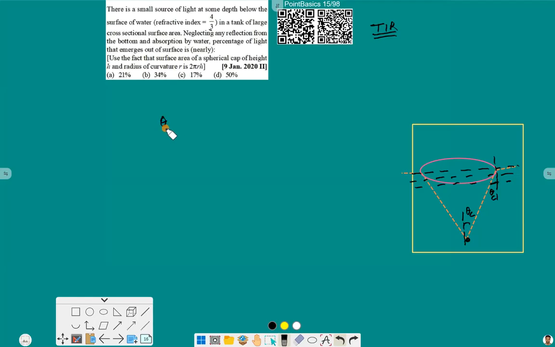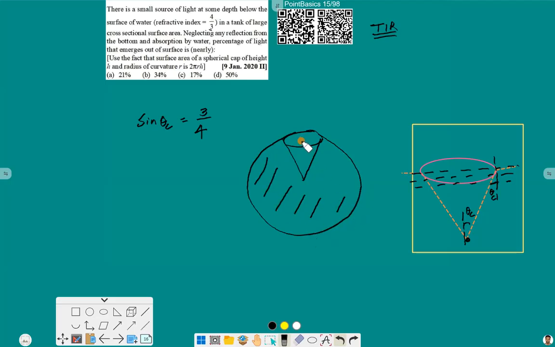So we know that sine of theta c is equal to 1 by mu, and refractive index is 4 by 3 here, so sine of theta c will be equal to 3 by 4. Now as we can see, it is forming a cone. Now we know that this cone is a part of a bigger sphere, and light cannot come out from the remaining part, but can only come out through this area.